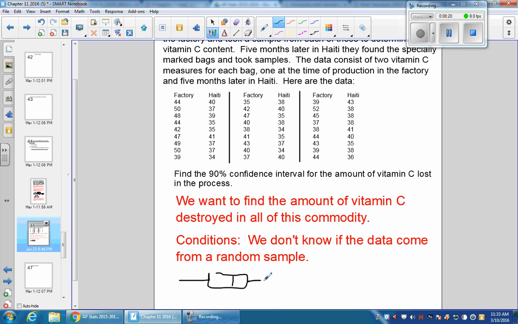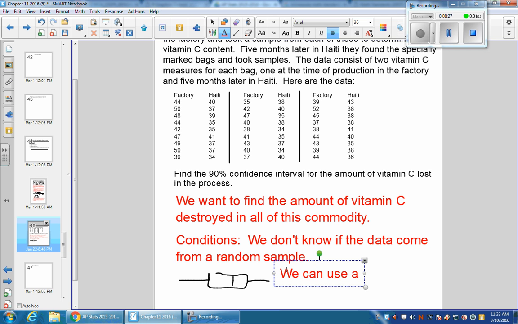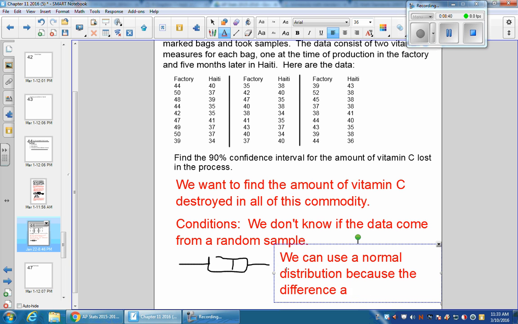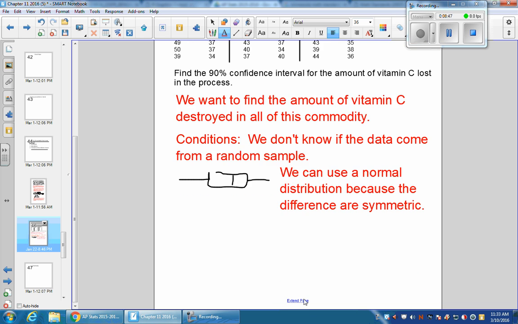It's pretty symmetric, and since that's pretty symmetric, we can use a normal distribution because the differences are symmetric. Now finally, independence. They don't really come from a random sample. This isn't an experiment. So let's assume each commodity is independent.